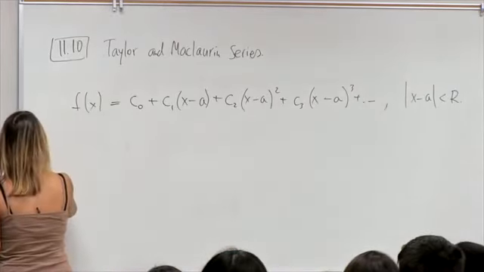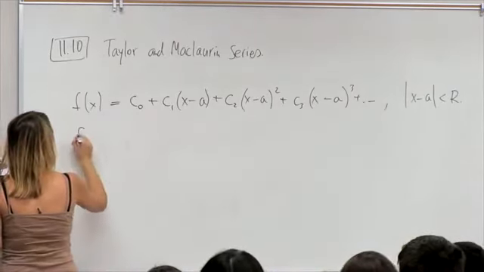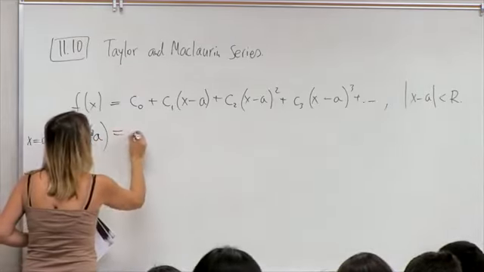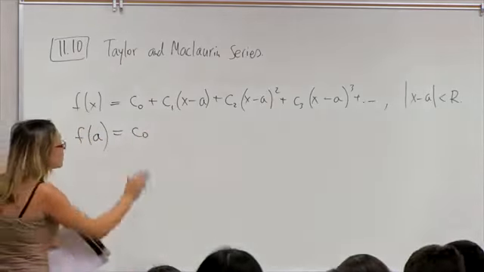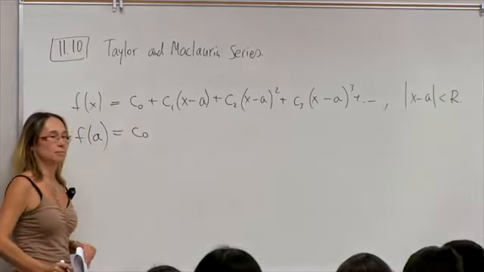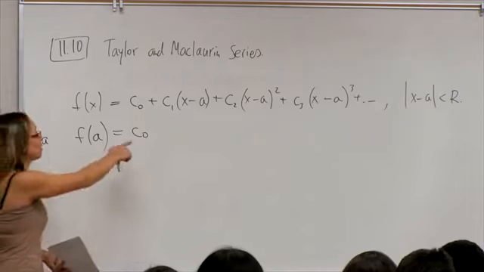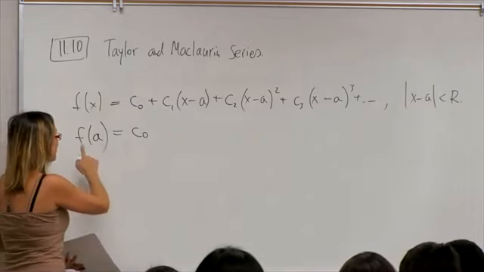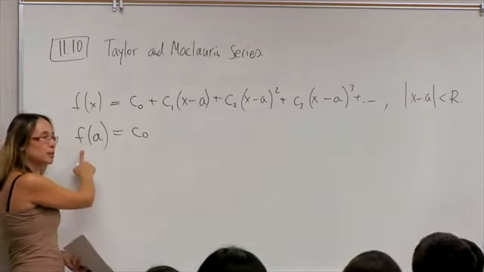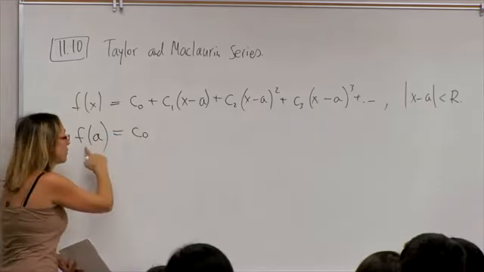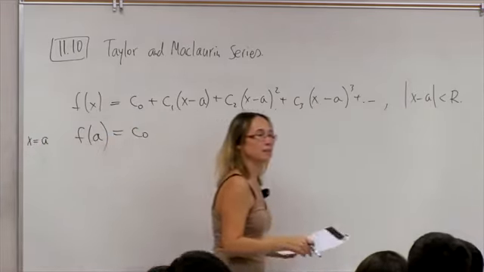So we say x equals a. On the left we have f of a. Here we have c0. What about the rest of the terms? They're all 0. So this is a nice piece of information: the first coefficient tells us the value of the function at a particular point, a. This coefficient is responsible for the value of the function f at the center a.